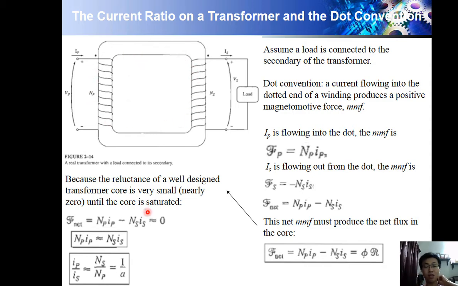So when that happens, the net MMF will become zero, because R is very small, approximately zero. Then I move the other term to the right-hand side: NpIp equals NsIs. Then I turn it around, so it becomes Ip over Is equals Ns over Np, which equals 1 over a. This is why we call it the current ratio.